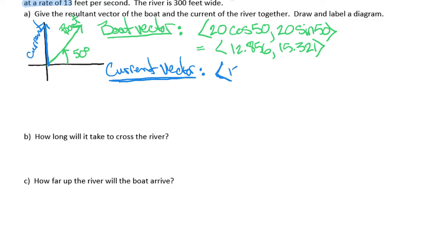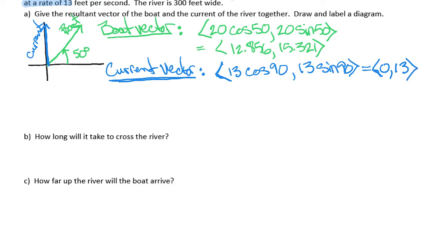So it's 13 cosine of 90 and 13 sine 90. Okay. Recalling that cosine of 90 is 0, my x component will be 0. The y component is going to be 13 times 1, because the sine of 90 degrees is 1, and so that's just going to be 13.